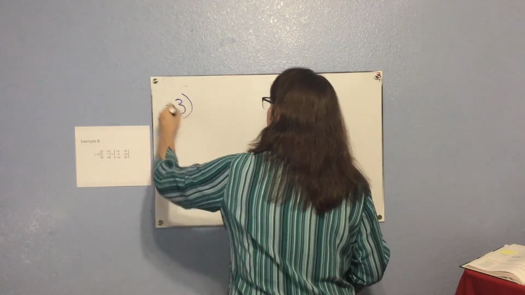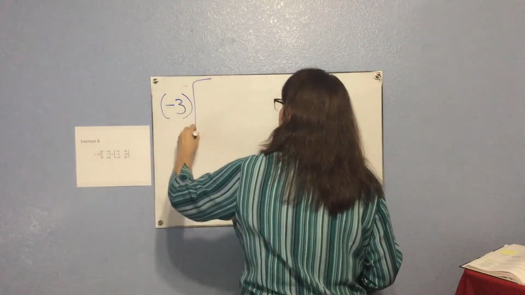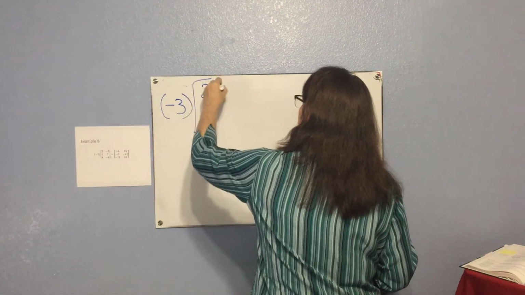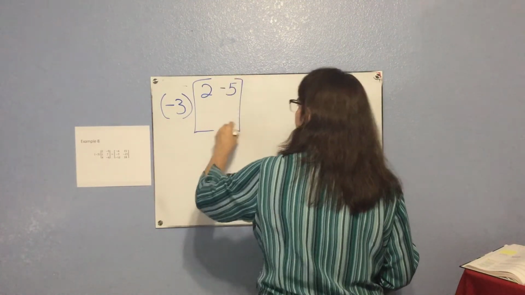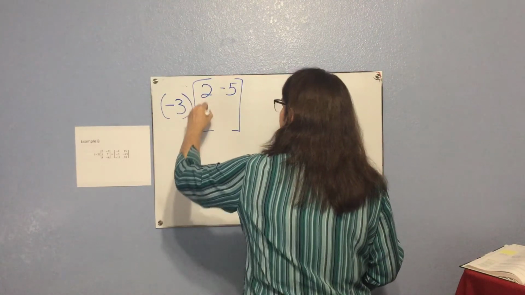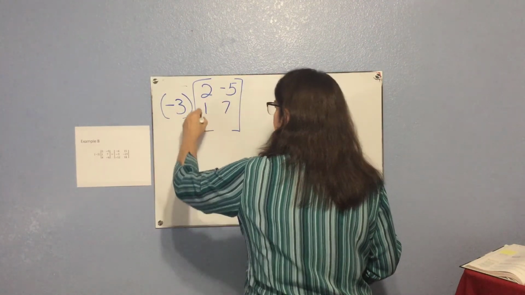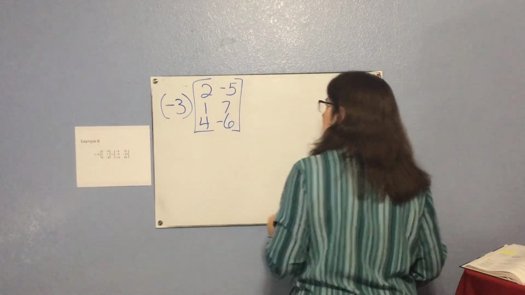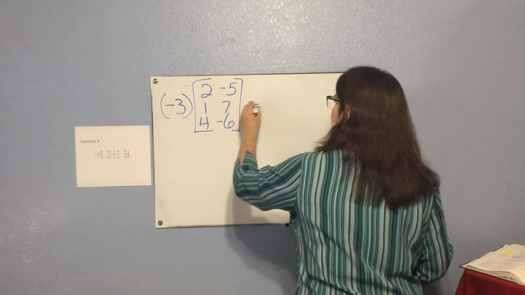I write my scalar outside the matrix, not in brackets because it's not a matrix. And then I simply multiply.